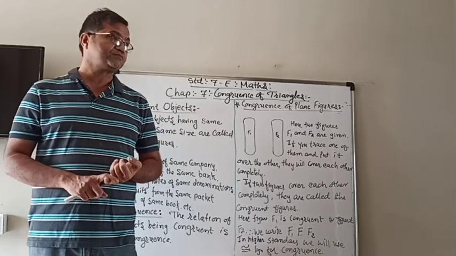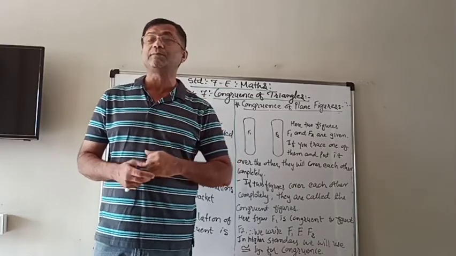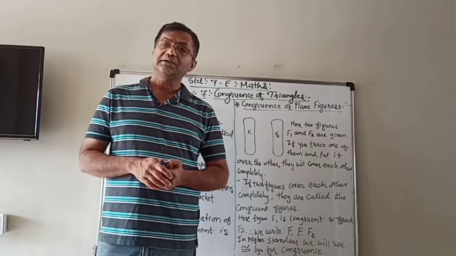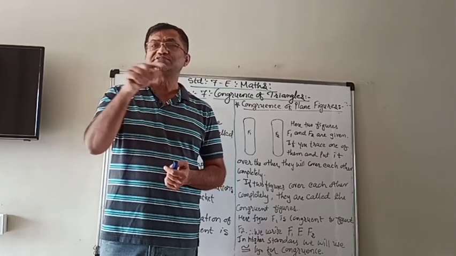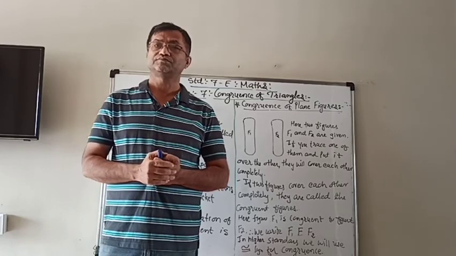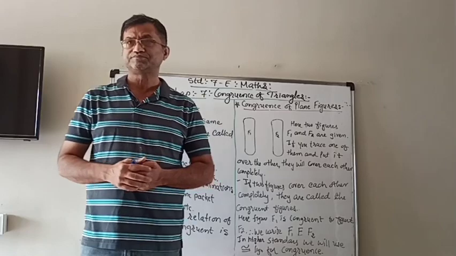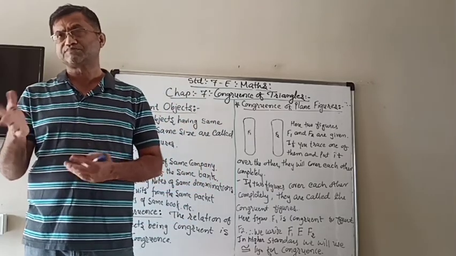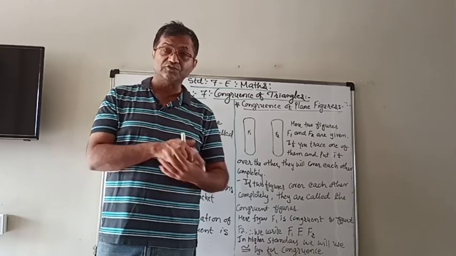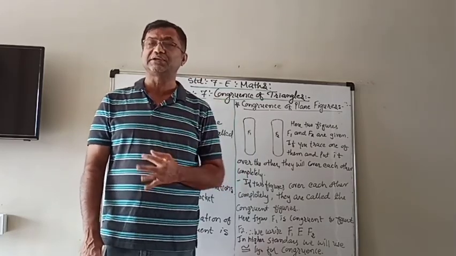Another idea also: let's take a compass and draw two circles keeping the same radius. And if you cut both of them out nicely and then put one over the other, you will see that they cover each other completely.